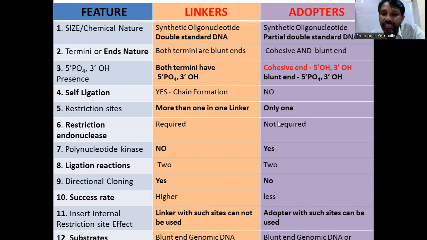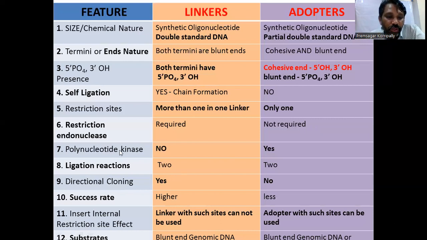But in the case of adapters, it is not required, because adapters already have pre-formed cohesive ends. Once they ligate to the blunted DNA molecules, they can be used directly, and we can go for ligation with the vector.